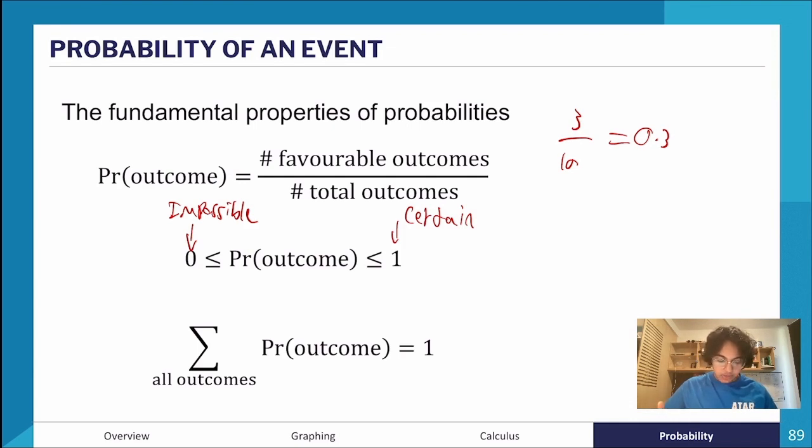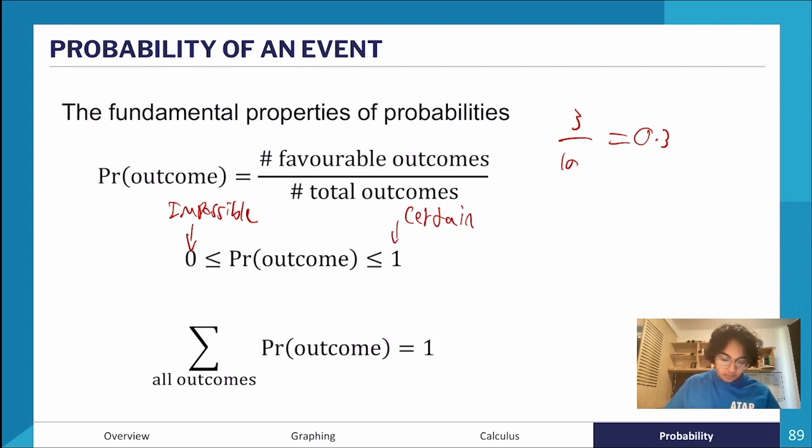And the probability of all outcomes must sum to 1, right? Let's say I flip a coin, right? Well, it makes sense that one of those sides is going to land, right? So then that means that there's 100% chance of that coin landing, right? Which is true, I'd hope.